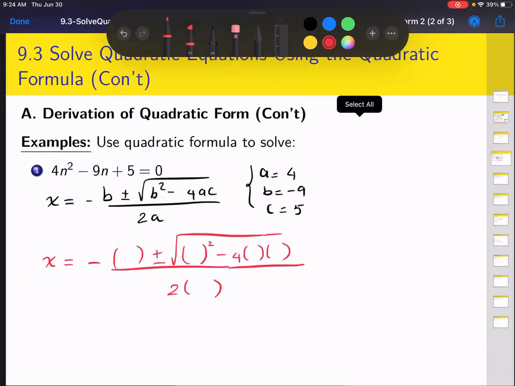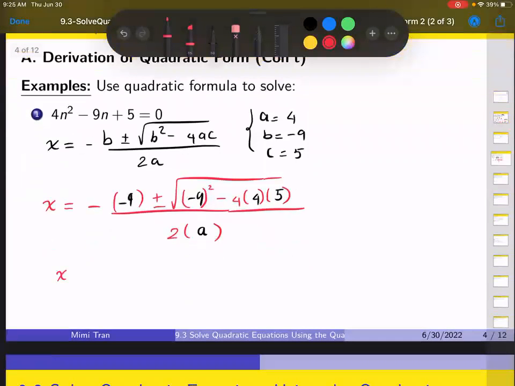And then you plug in the letters, right? So B is -9, A is 4, C is 5, so that you don't make mistakes. -(-9) is +9.